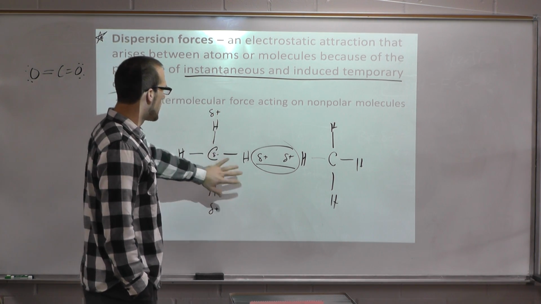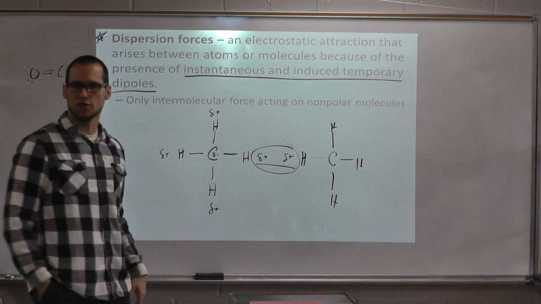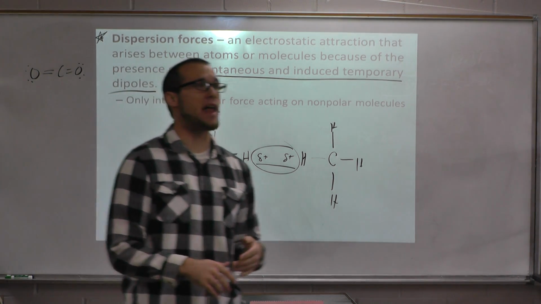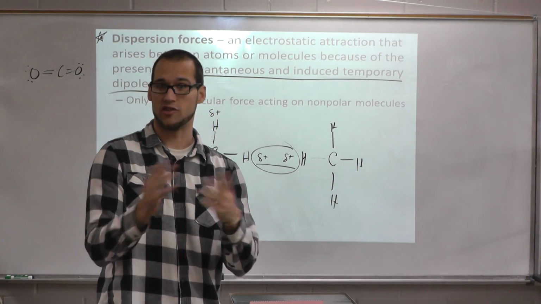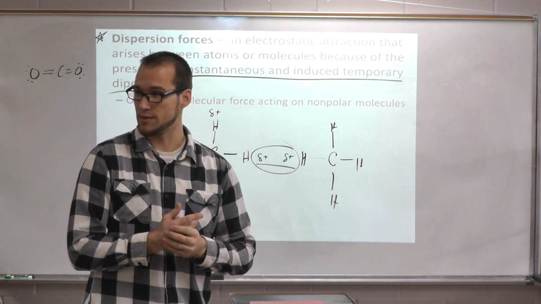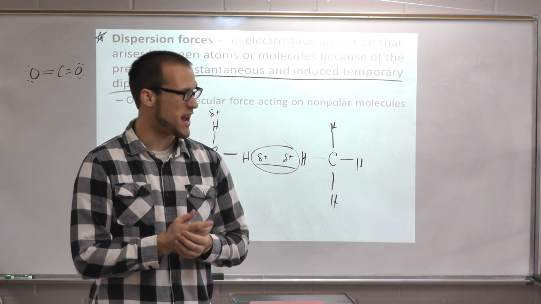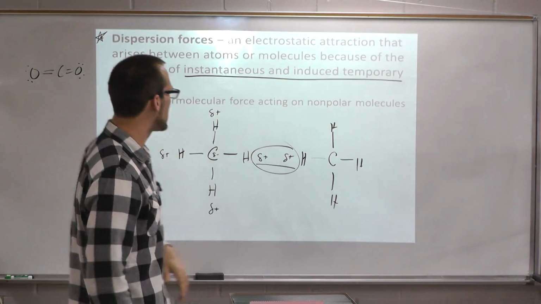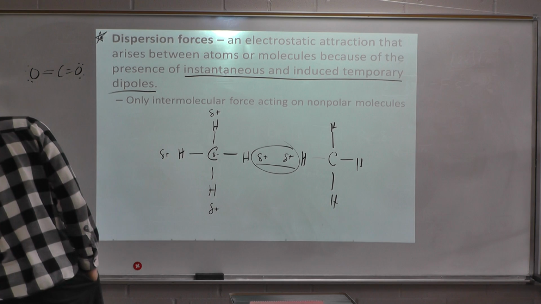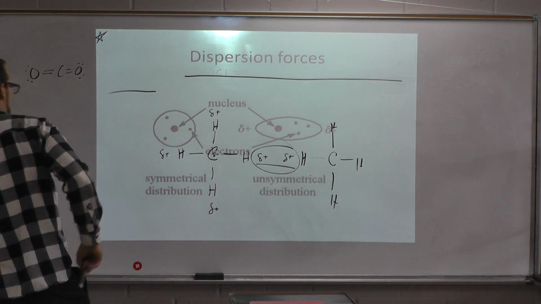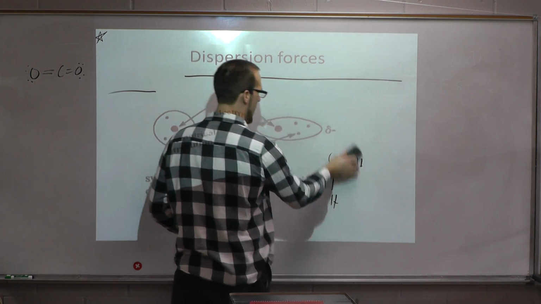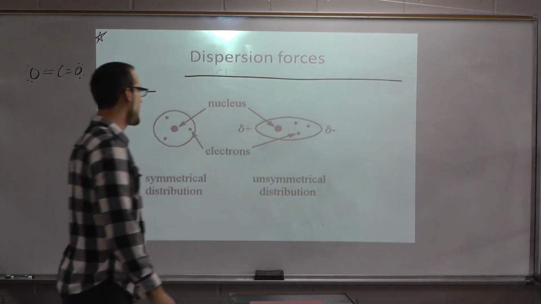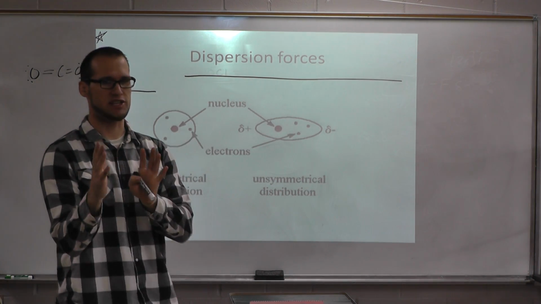Okay? So, these electrons in here, just due to sheer probability, is it possible that temporarily some more electrons could be on one side versus the other? Is that a possibility? Everybody? Yeah. Okay? So what actually ends up happening is that temporarily electrons might shift.